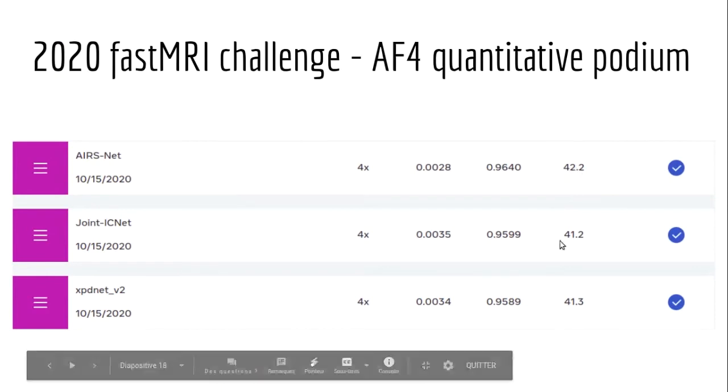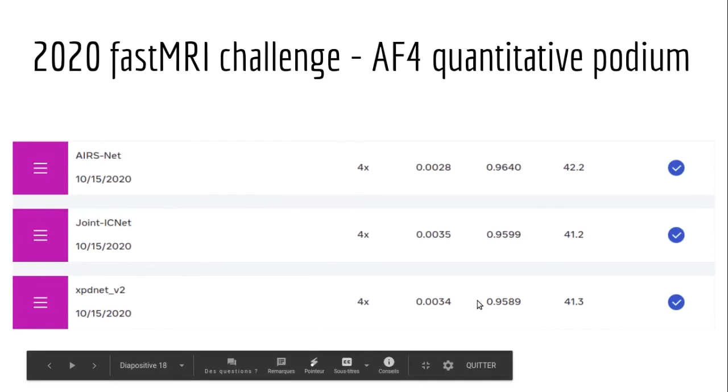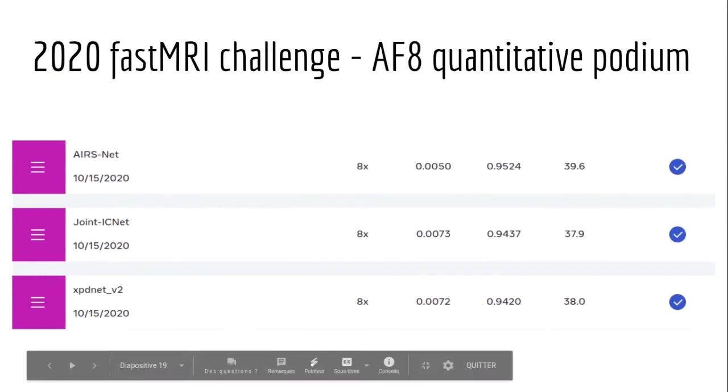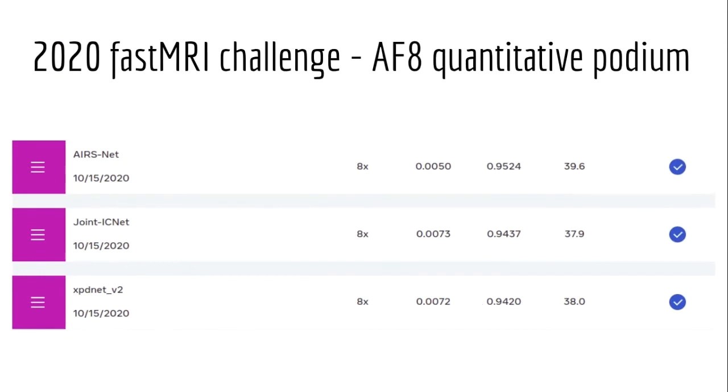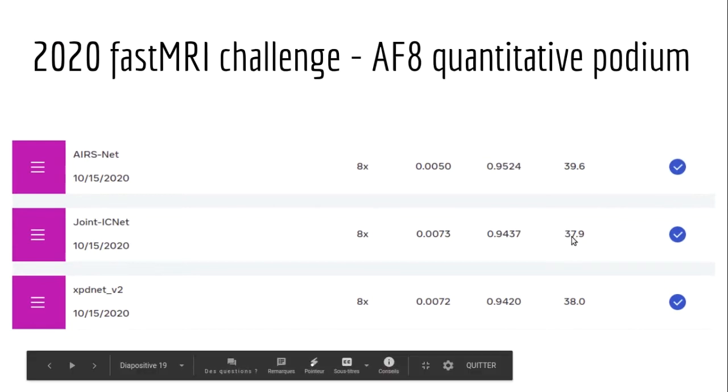So you can see a pretty big gap between the second and the first competitors. And so with my network, I finished third in the quantitative evaluation. And it's about the same story for the acceleration factor of 8, which means a faster exam. But you can see that the PSNR levels drop quite significantly.